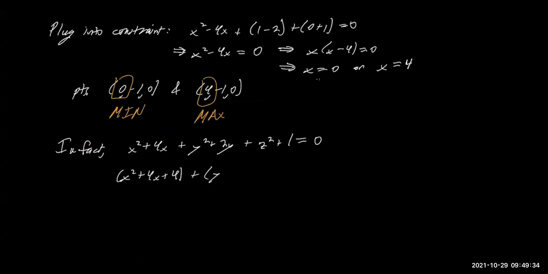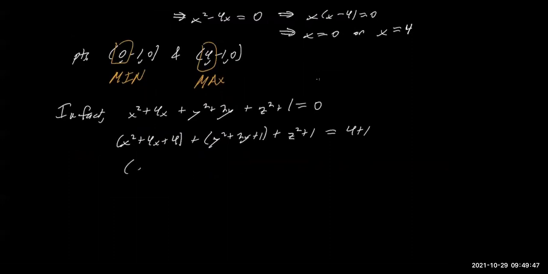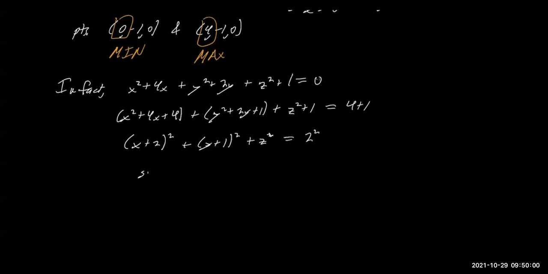The next two terms we can complete the square by adding a 1. So I have to add 4 plus 1 to the other side. The plus ones cancel, and you get x plus 2 quantity squared plus y plus 1 quantity squared plus z squared equals 4, which is 2 squared.